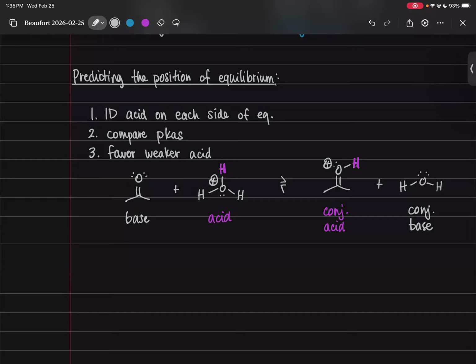Okay. Well, let's do the mechanism. So arrows start at the base and deprotonate the acid. So that's going to show this bond being formed. That one right there. And then we need to show the bond between the acid and that proton breaking.